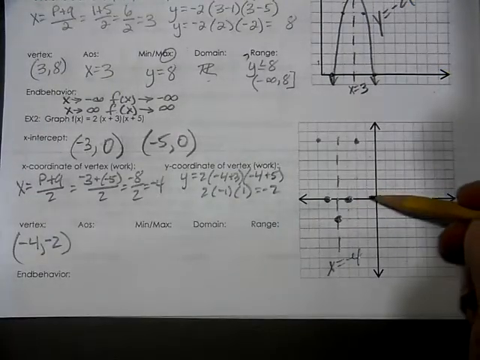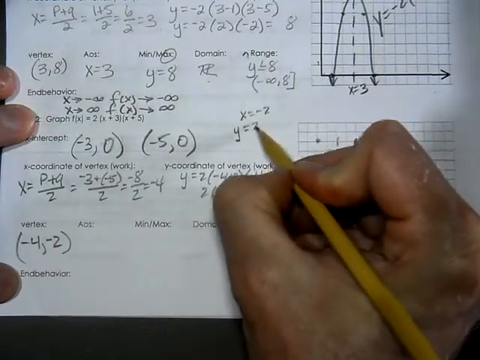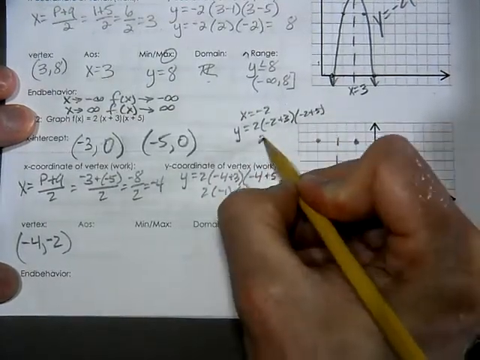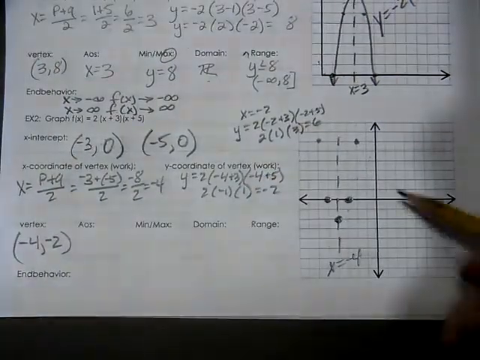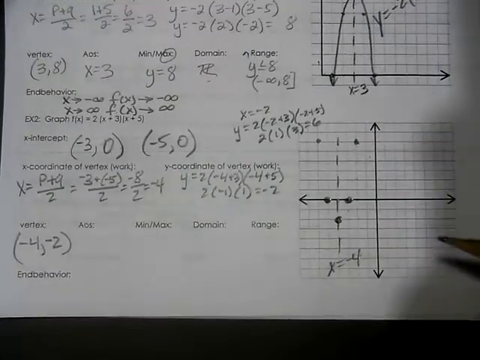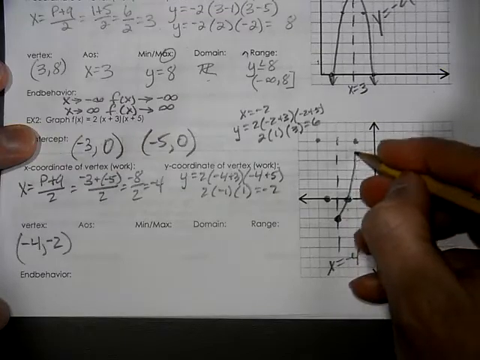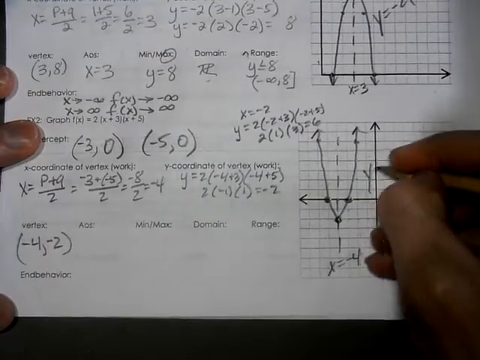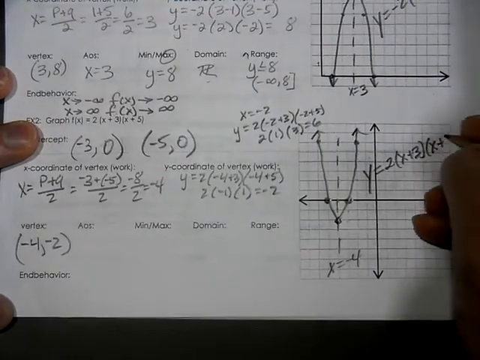If you're not sure about that, you can plug in the number x equals negative 2: 2 times negative 2 plus 3, negative 2 plus 5. See that that crosses at 6. So when x is negative 2, 1, 2, 3, 4, 5, 6. It's exactly where it lands. Then we reflect it over the axis of symmetry. And this graph is called y equals 2, x plus 3, x plus 5.